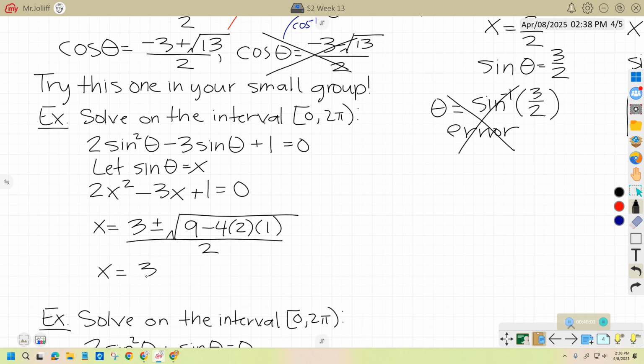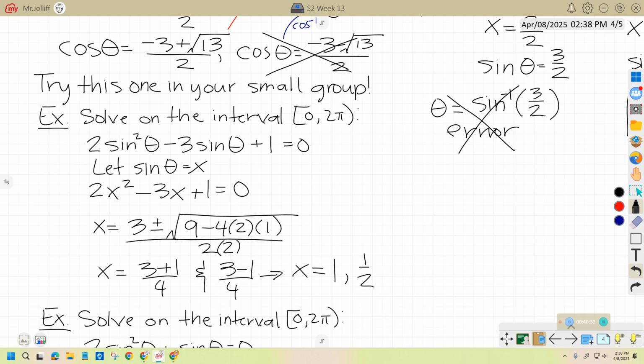So this is 3 plus 1 over 2, and 3 minus 1 over 2. Not over 2, over 4, thank you. I forgot my A in the bottom. Shame on me. So that's going to give me x equals 4 over 4 is 1, and 2 over 4 is 1/2.